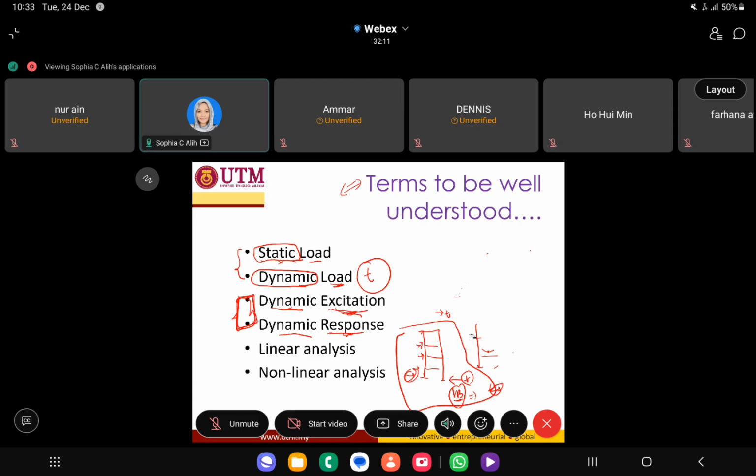For example, we said the natural period of the structure equals n over 10. My building, say I have 4 levels, so you know that the structure's natural period is going to be 0.4 second.